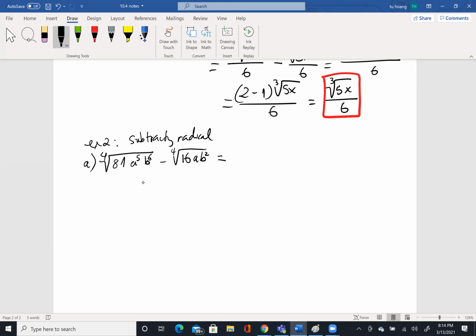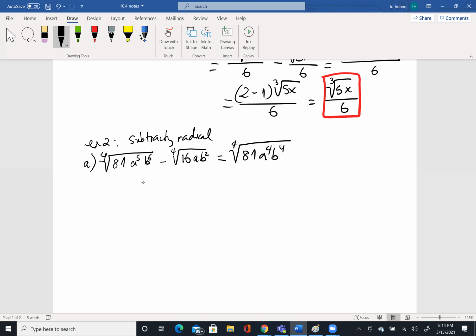For the first term, the perfect power 4 is going to be 81, a to the power 4, and b to the power 4. That's the perfect power 4.